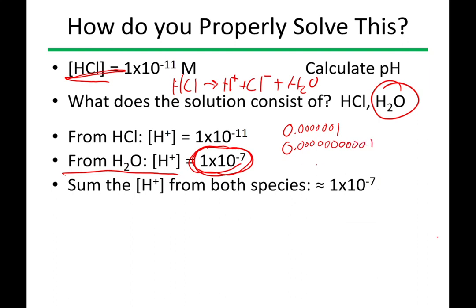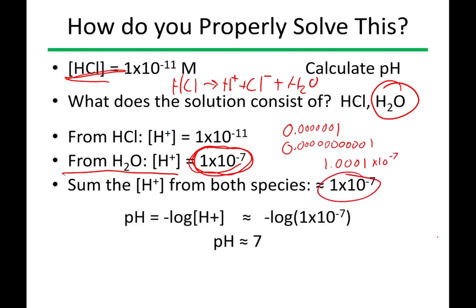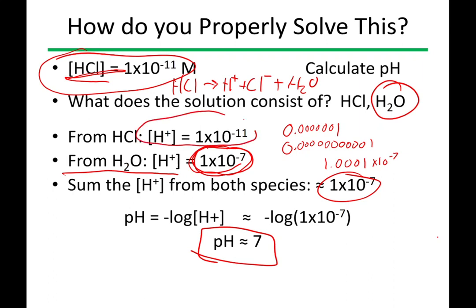So we add these together and we get 1.0001 times 10 to the negative 7th, which is basically 1 times 10 to the negative 7th, which means that this solution is pretty much still just going to be neutral because it's such a dilute solution of hydrochloric acid. So whenever you see one of these strong species dissolved in water, if the concentration is really low, the solution is still just going to be neutral.